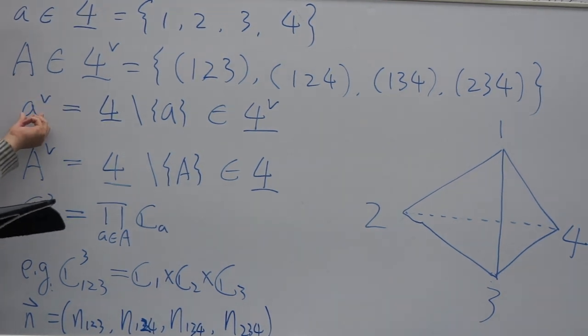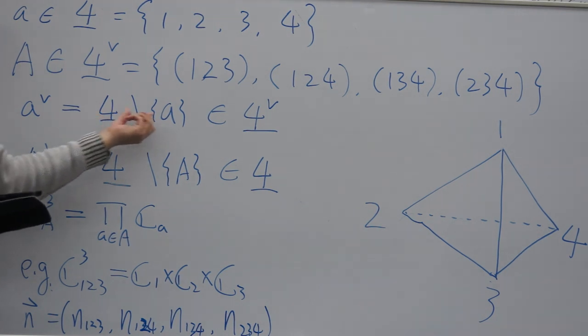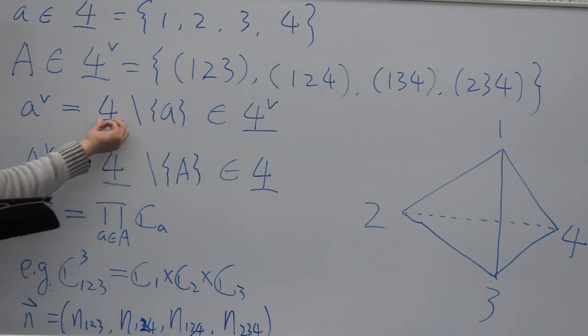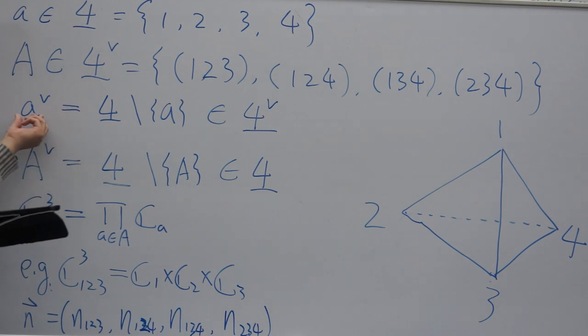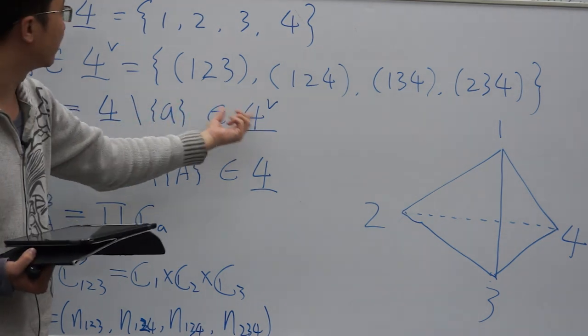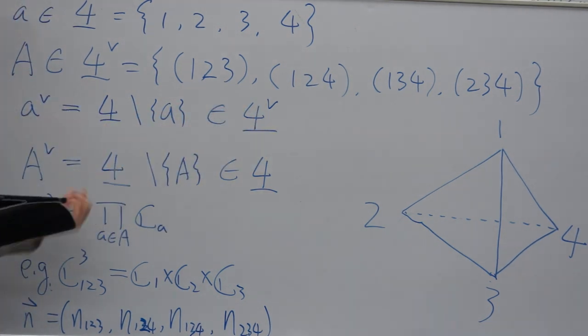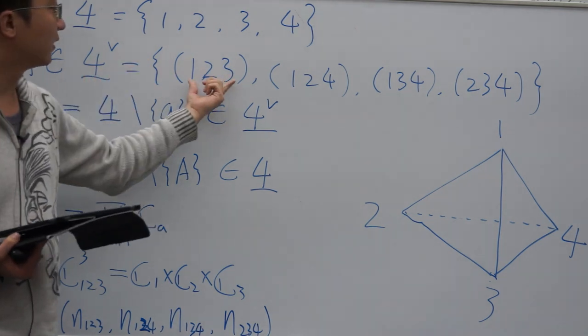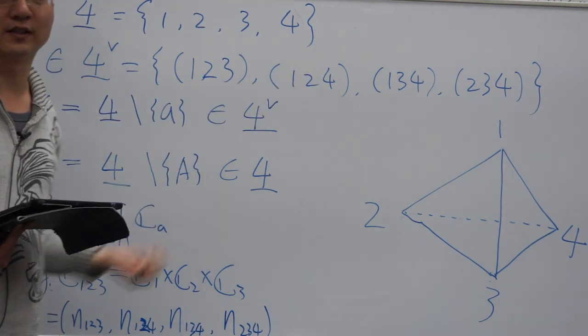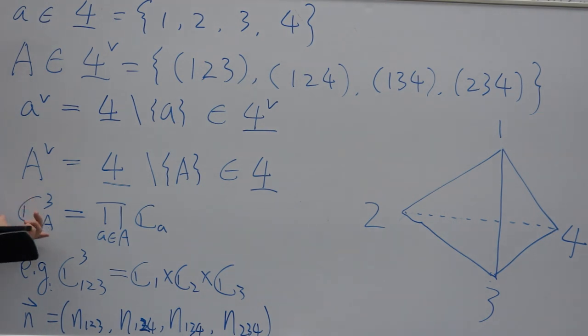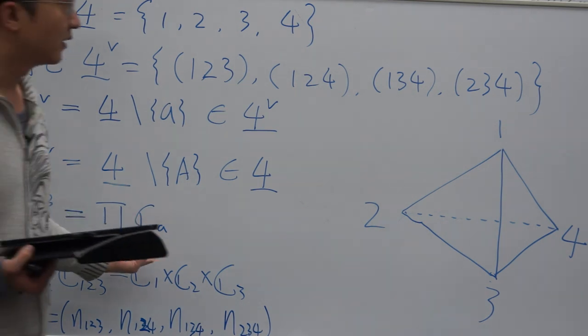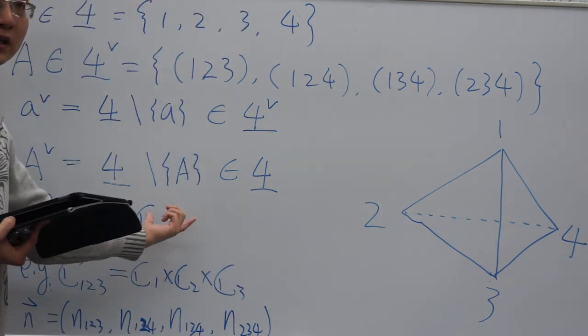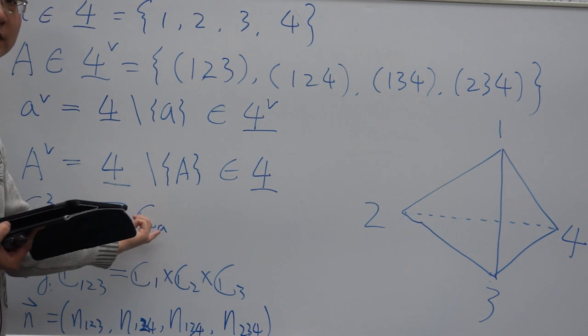Say, for example, if I have A check, it means I'm subtracting the indices A from the 1, 2, 3, 4 set. So this A check is an element in the 4 check set. Then capital A is an element with indices like 1, 2, 3 or 1, 2, 4. So when I write C3A, it means the product of 3 different complex planes.